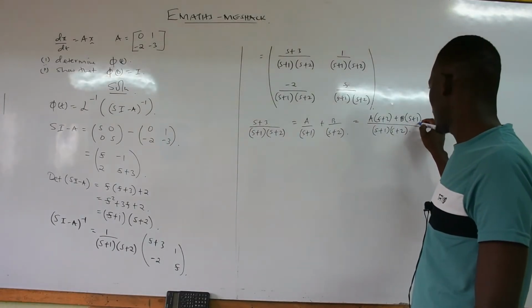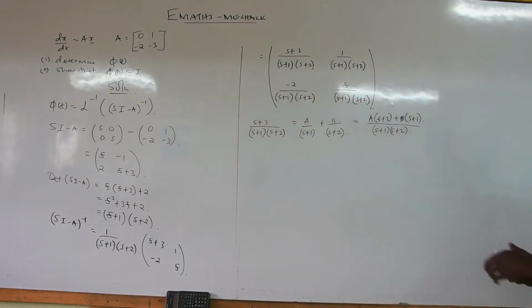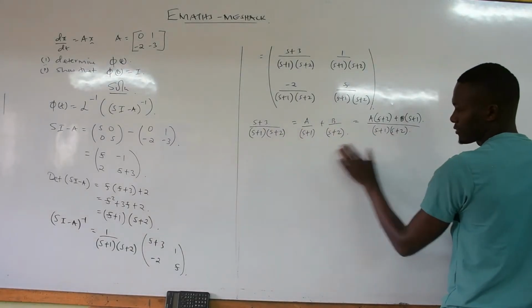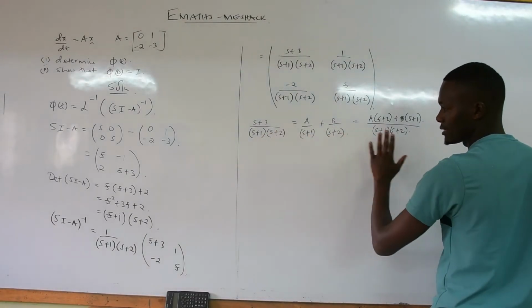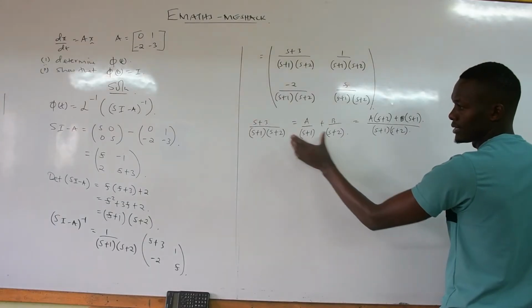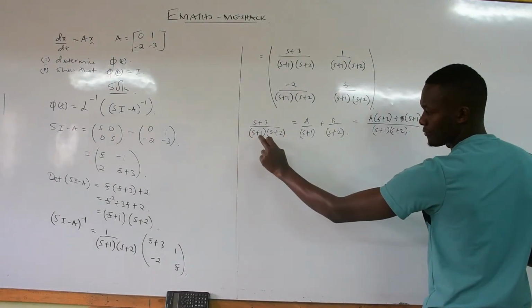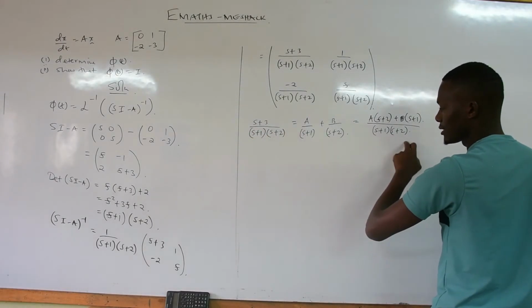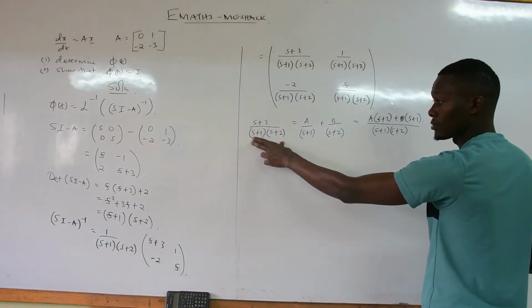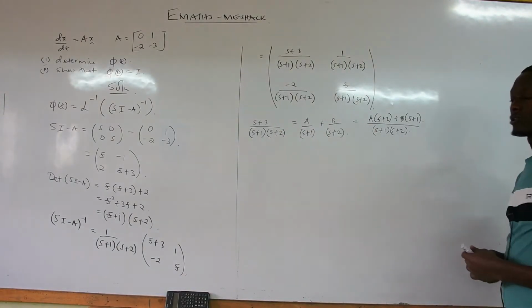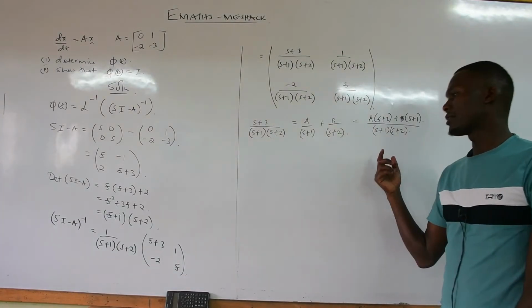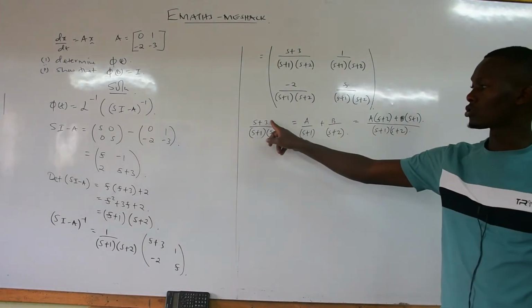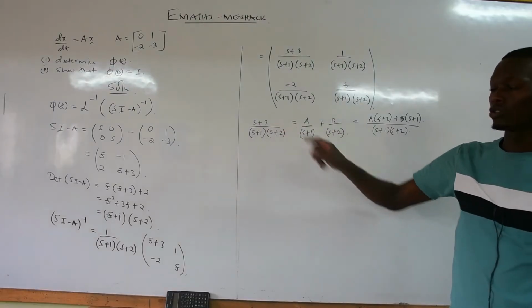times s plus 1. Now, if you check, we have represented this fraction in terms of this part. So we have our LCM here being the same, s plus 1, s plus 2. Therefore, if the denominator is the same, and this is an equation, the numerator should also be the same.